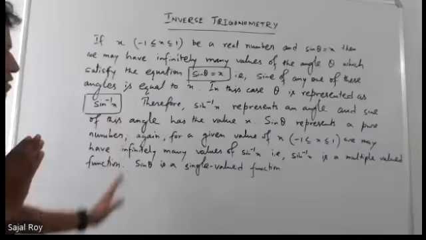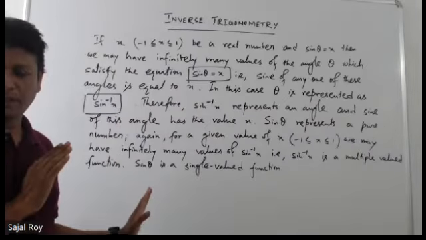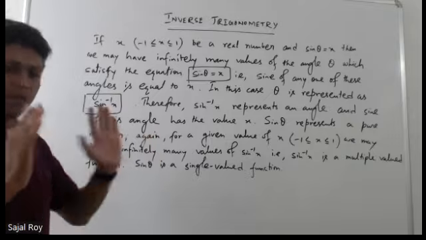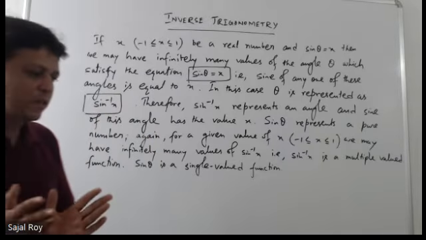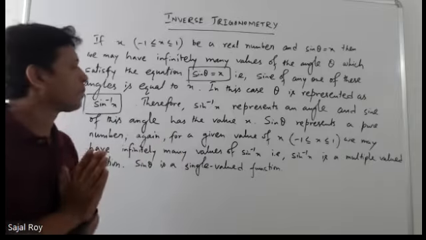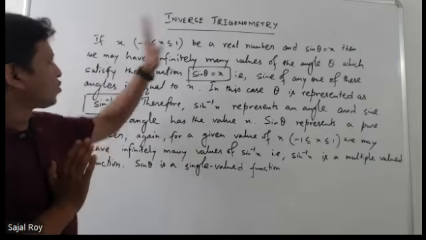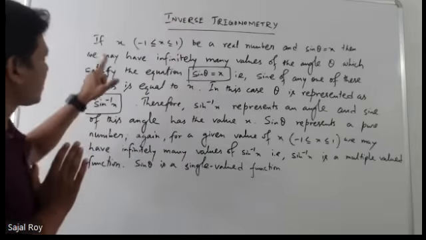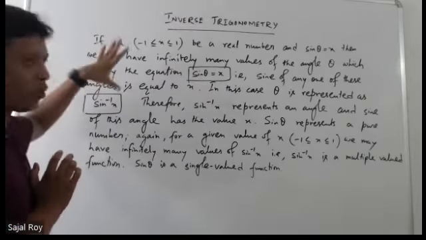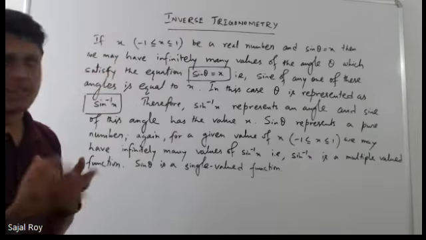Initially I will define inverse functions, inverse trigonometric functions. And an inverse function exists if it is bijective, that we know from the previous classes. So basically I will discuss initially the definition or the concept of inverse trigonometry.